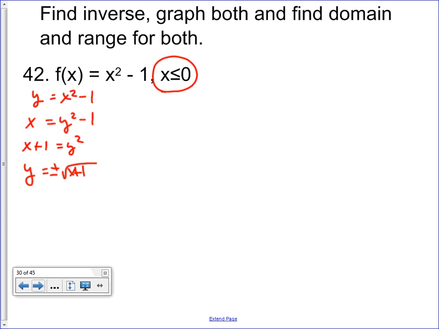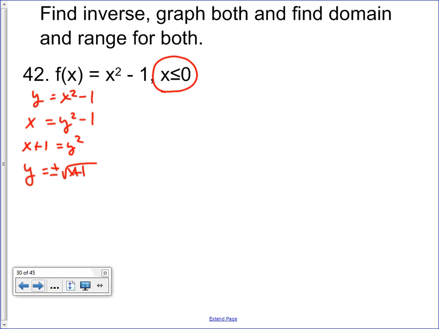So I know it seems weird. I've told you it's got to be plus and minus if you're taking the square root of both sides. But since this is a restricted domain, we will figure out which part as we graph the first portion. Okay, so it's going to be one of those parts.